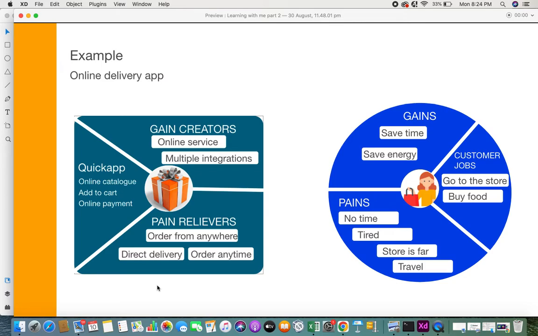So the third section is gain creators. The gain creators are something that helps them to achieve the gains, which is something that's going to help them to save time and energy. So what is going to be the gain creator is the online service. So just by providing this online service, it is going to enable them to actually achieve that gain. And also multiple integrations.